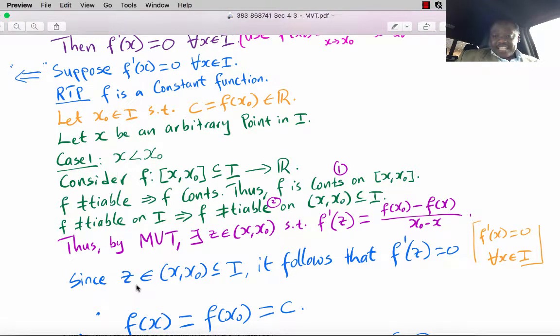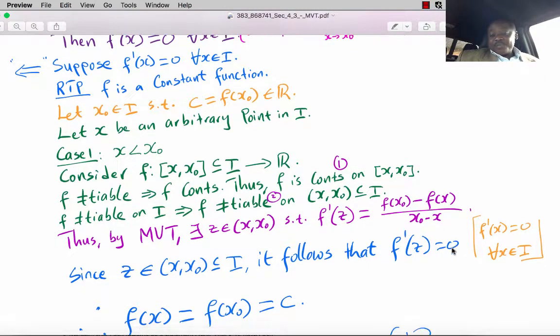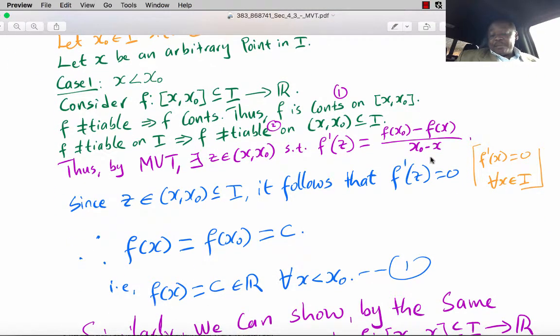But since z is in the open interval, which is a subset of I, and f prime at x equals 0 for every x in I, it follows that f prime at z equals 0. But my denominator is not 0. The left-hand side equals 0. That simply means the numerator must be 0, i.e. f of x equals f of x naught equals c. Remember, f of x naught was equal to c.